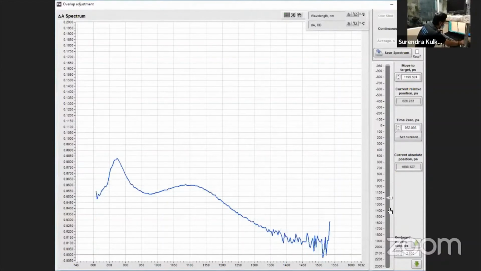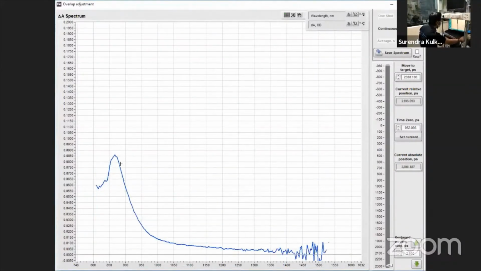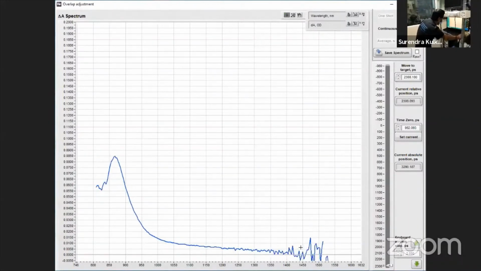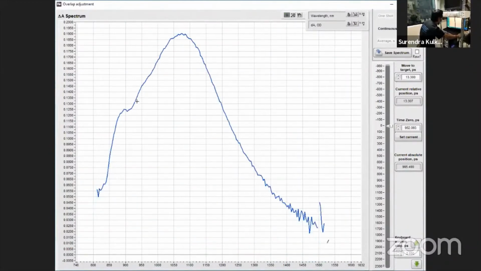See, if I go up to, let's say, 2000 picoseconds, it has a completely different color. How do I know it's a completely different color? Because you see the spectrum has changed completely, right? It has become narrow and sharp in this region. Now, if I take you back to the very start of the reaction, see, it has a completely different shape.